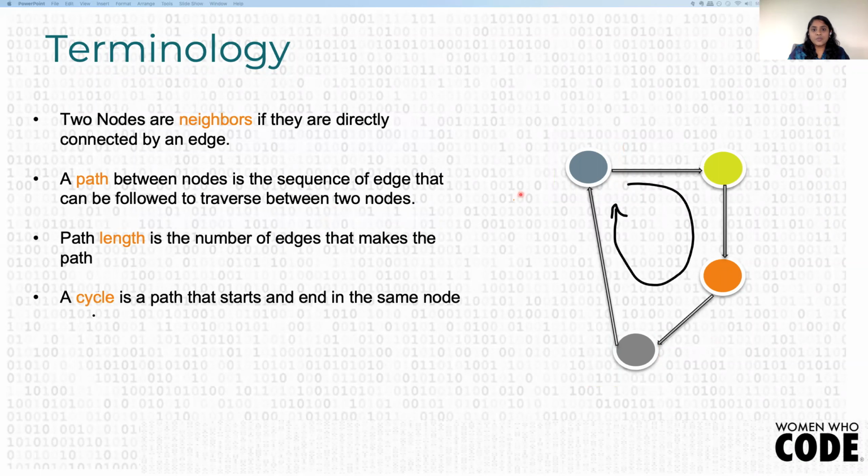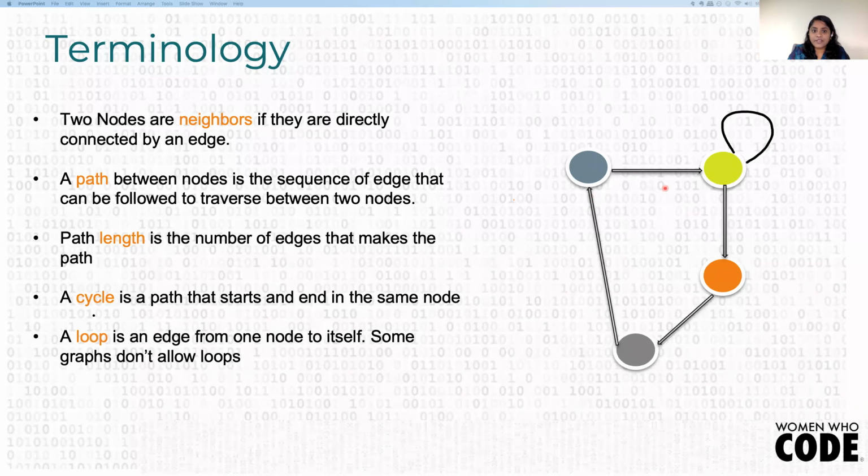All right. A cycle is when a path starts at a node and ends at the same node. So here we start a path from this node, go all the way down and back, and then return to the node from which it originated. In that case, it is called a cycle.